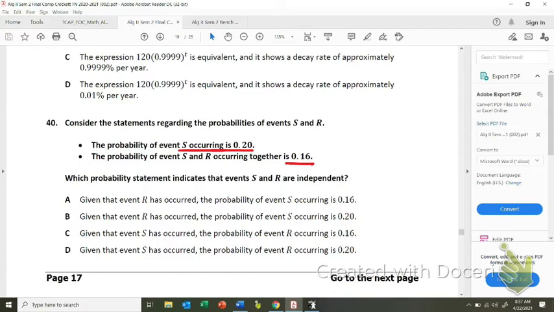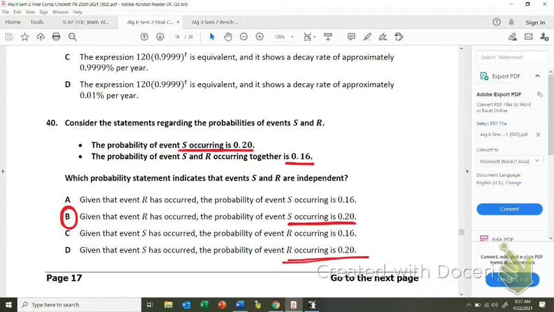On your choices, which one is the only choice that tells you that S is occurring 0.2? D. Not D. D says R is occurring 0.2. C. Oh, B. B. S is occurring 0.2.